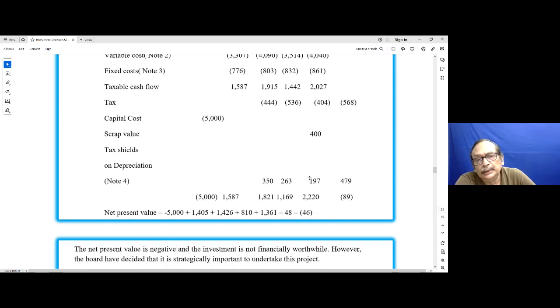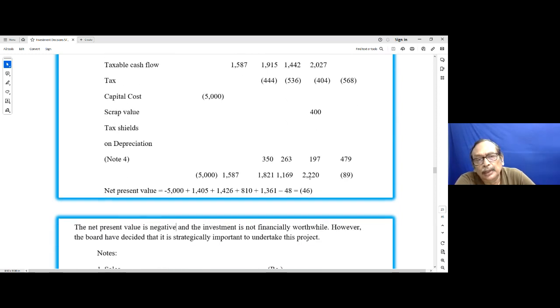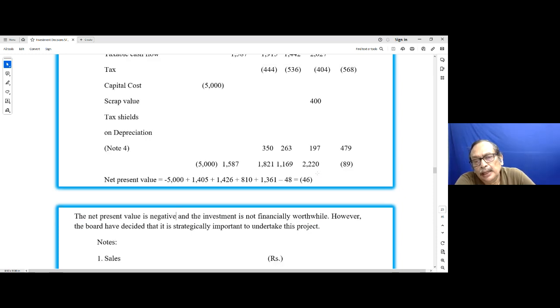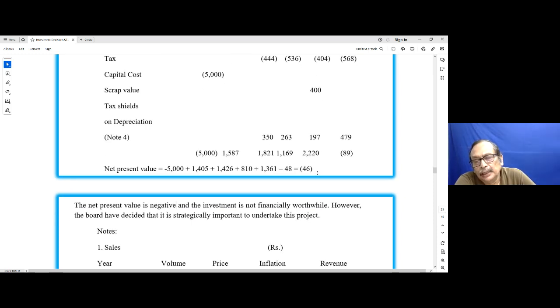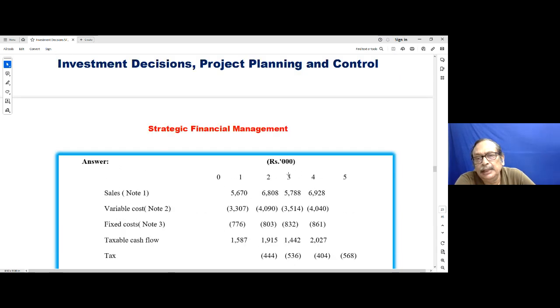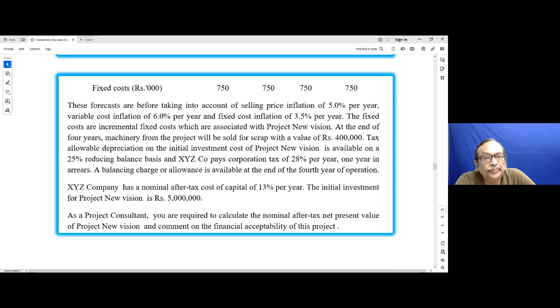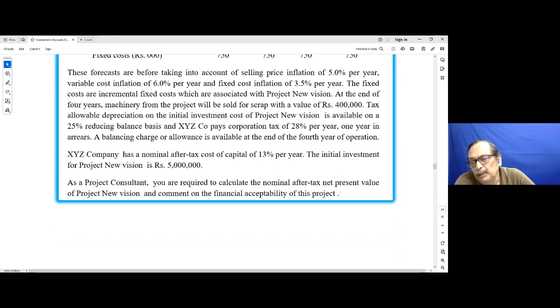Then we have scrap value and tax shield on depreciation that we have calculated. Once we calculate, then we discount it with the discounting factor as it is given in the question. You see, it is given 13% per year. So in the calculator, you can easily calculate 1 divided by 1.13.